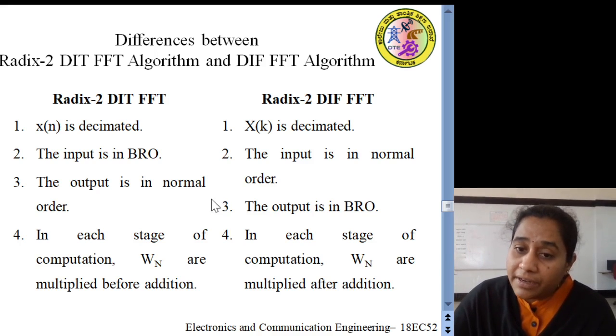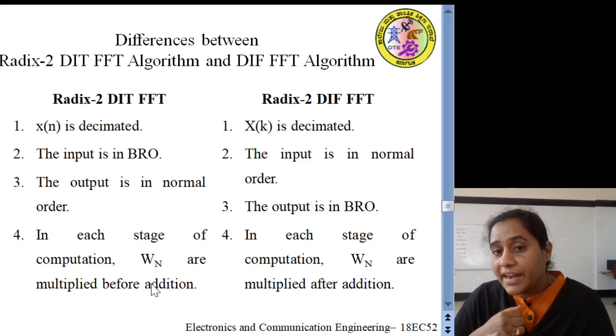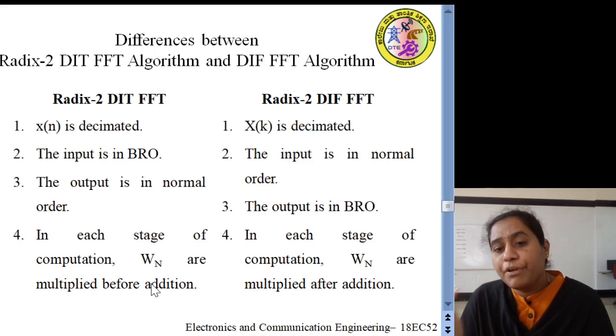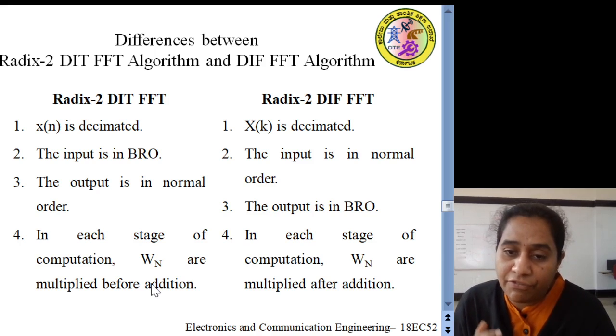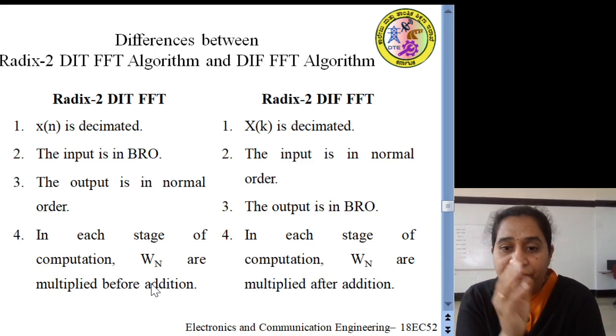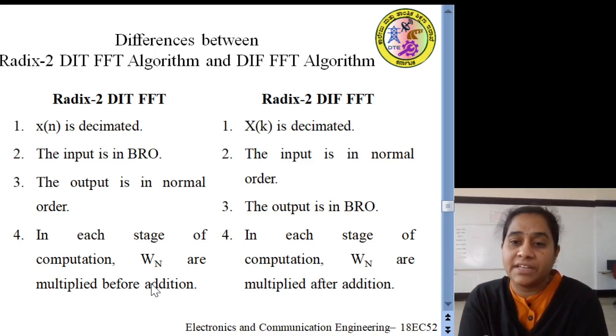Next, in the radix 2 DIT FFT algorithm, in each stage of computation, the twiddle factors are multiplied before addition. If you try to remember the butterfly structure in the DIT FFT algorithm, our twiddle factor W N will be multiplied before the addition.